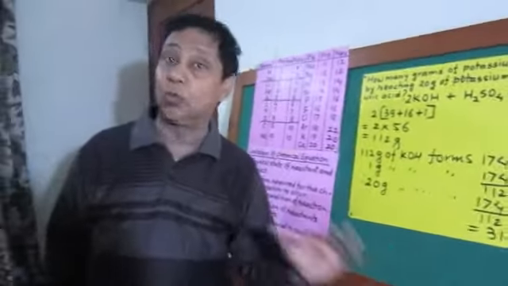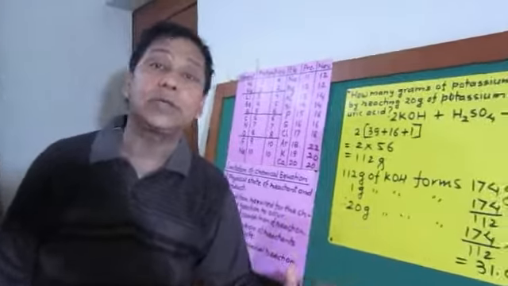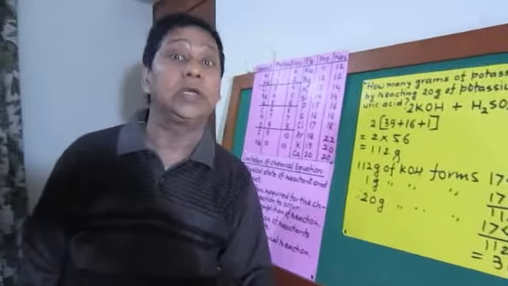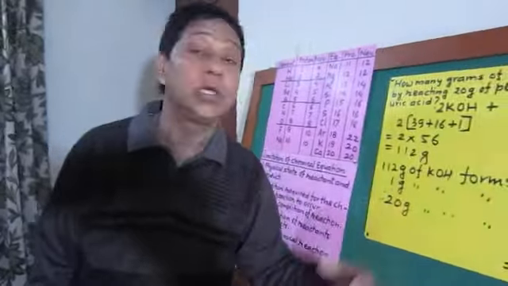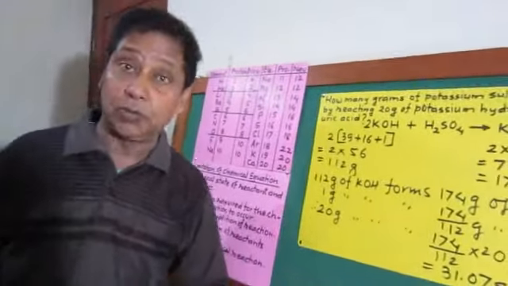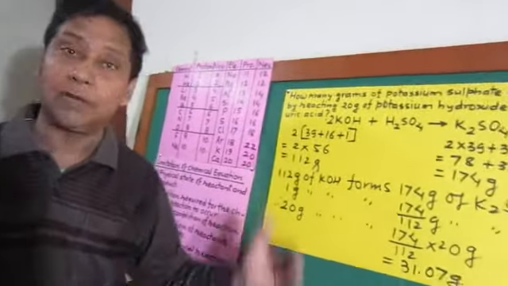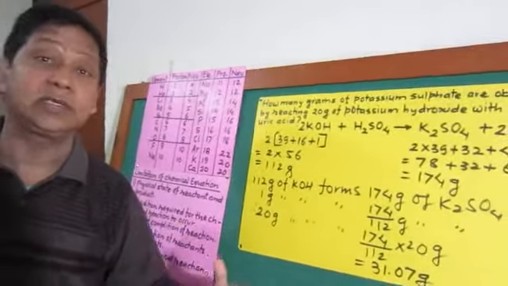This way, I told you two matters. One, a chemical equation gives us a lot of information about weight, how many grams take part in the chemical reaction and how many grams of the product is produced. On one side it gives a lot of information, but there are some limitations.